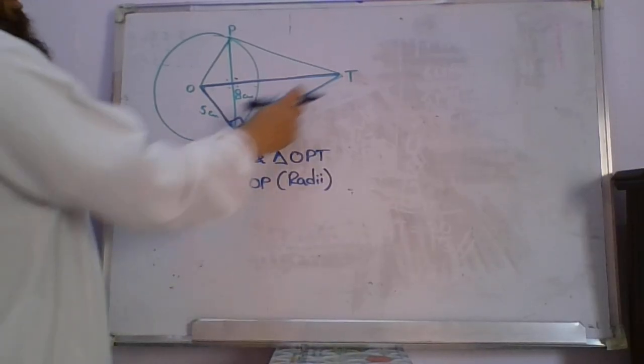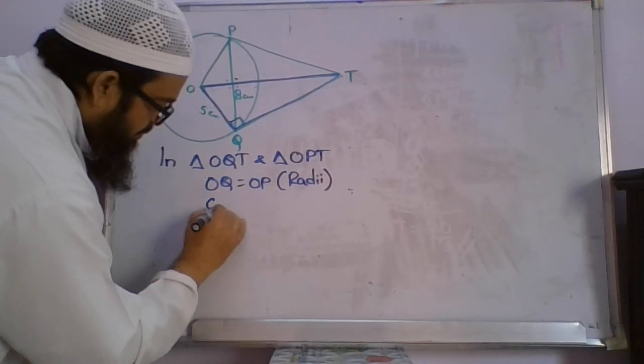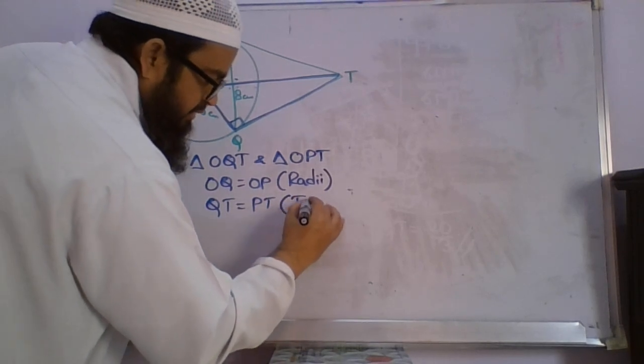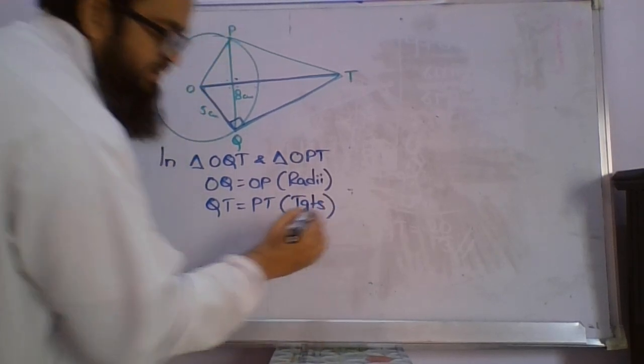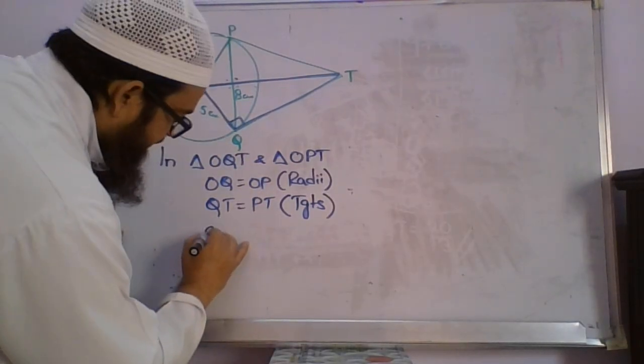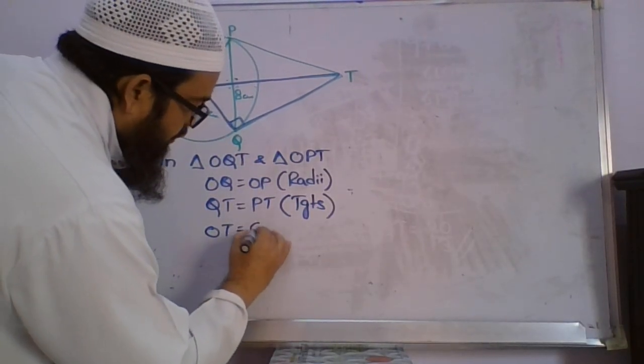And after that, QT is equal to PT. It is the tangents. The tangents from same external point are equal. Okay, and after that, OT is common. OT is equal to OT.